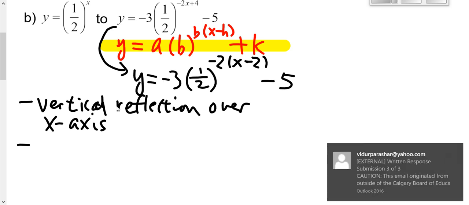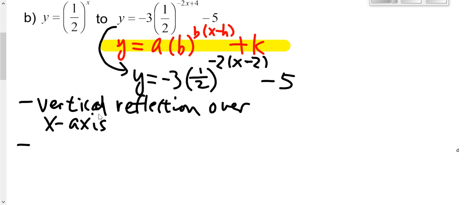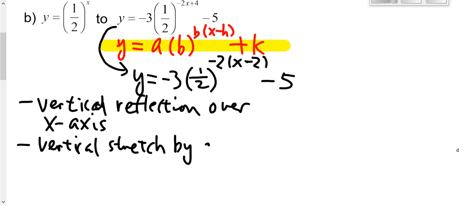Negative means, as we just mentioned, vertical reflection, and 3 means it is a vertical stretch by a factor of 3.